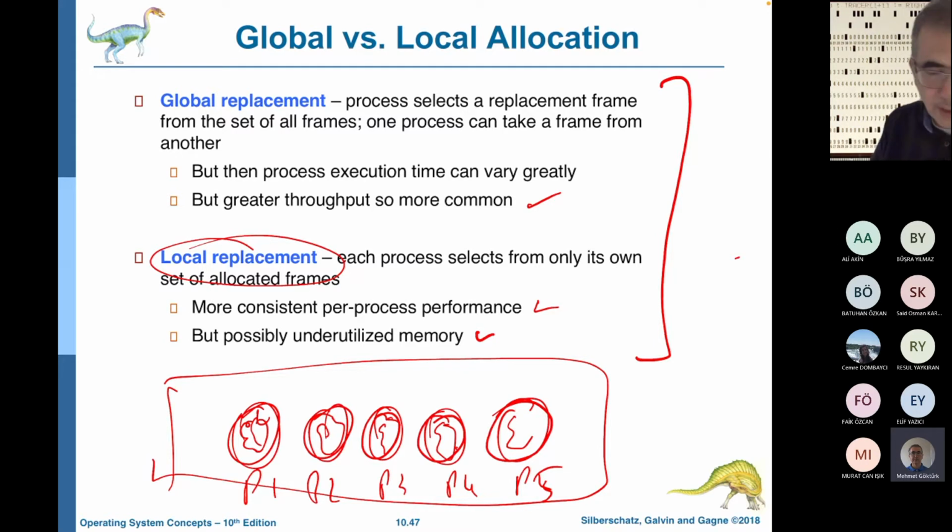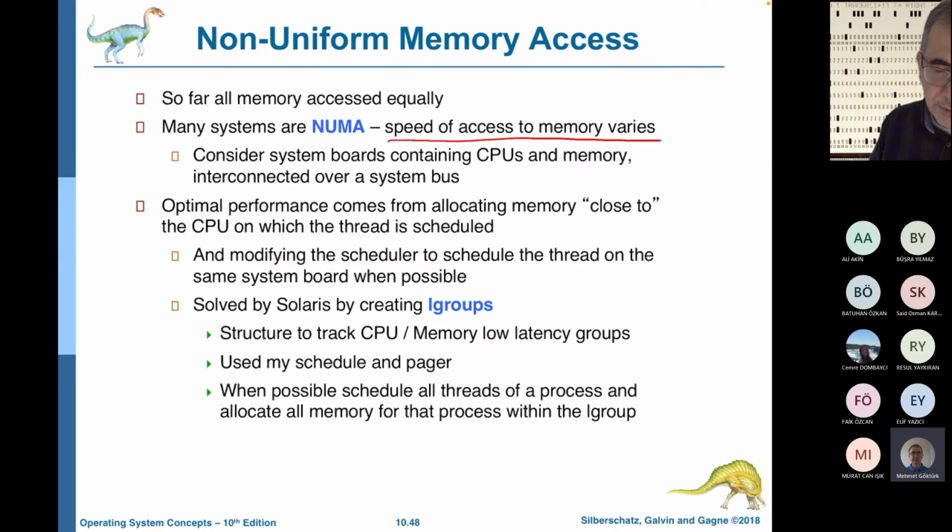So this is new to this chapter. The speed of the memory can be different. Some system boards containing CPU and memory over the system bus may have slower parts of the memory and fast parts of the memory on the same address line.